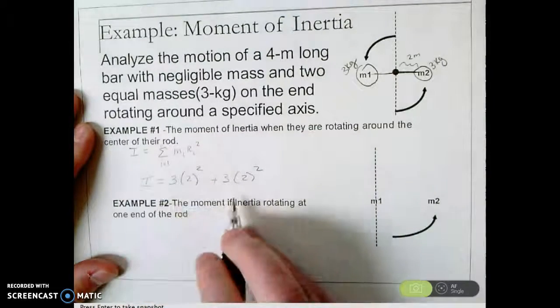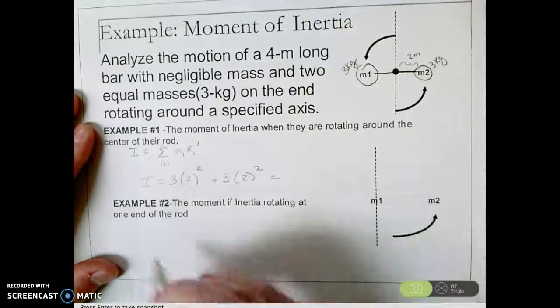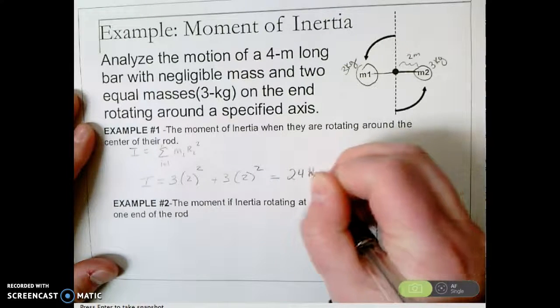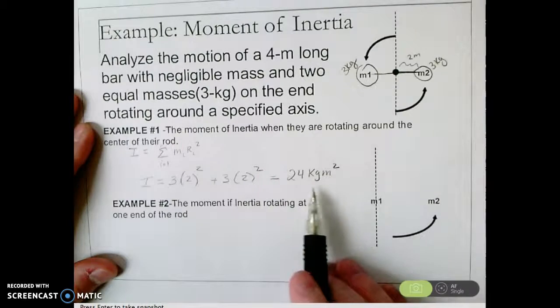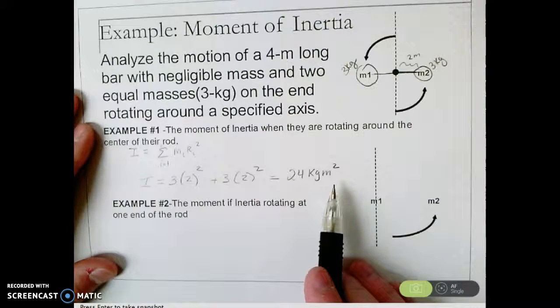So we've got mass 1 and mass 2, which then will give us a total of 4 times that, so 24 kilogram meters squared. So remember, the moment of inertia has a unit of kilogram meters squared because it is a mass times the radius, or moment arm squared.